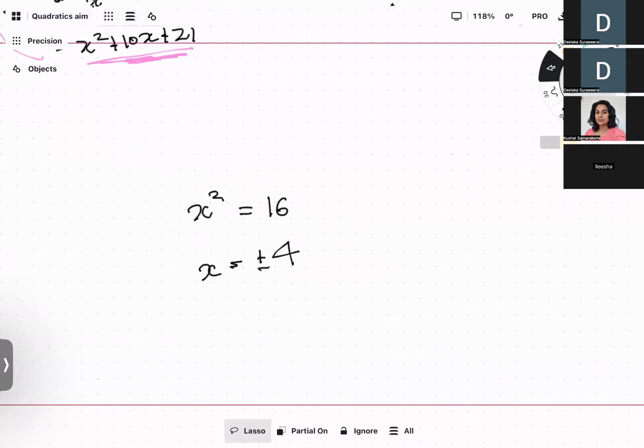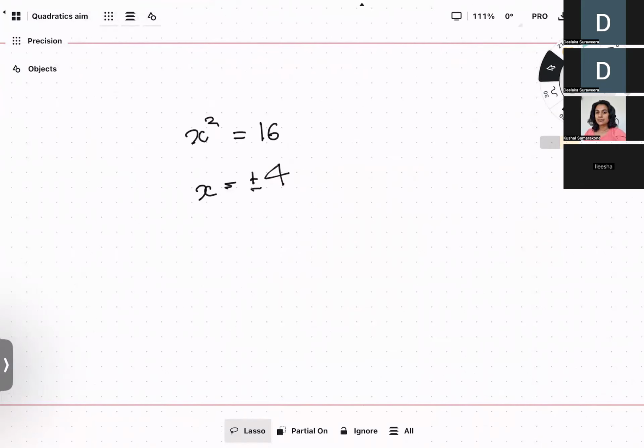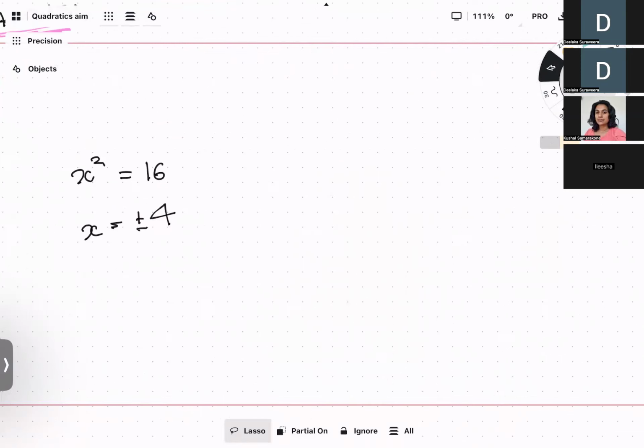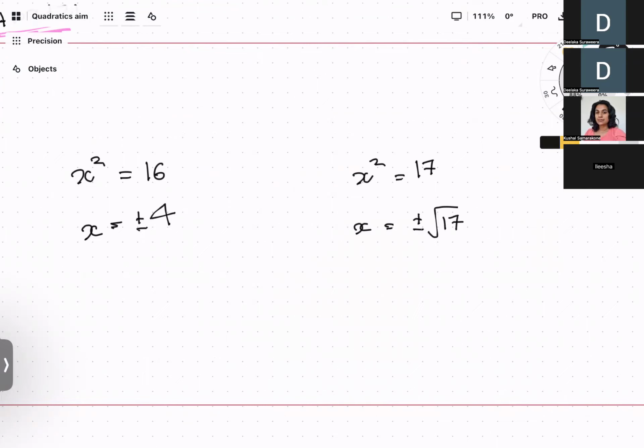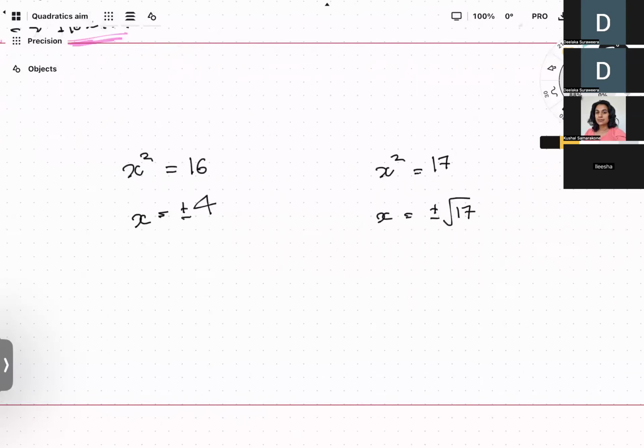And so every single quadratic that looks like this, x squared equals something, will have a plus and a minus answer. So if x squared equals, I don't know, 17, x is equal to plus or minus the square root of 17, not just one. Cool.